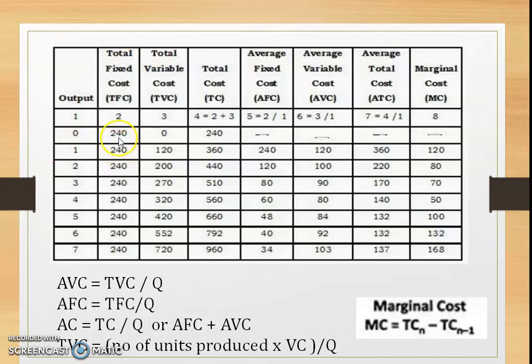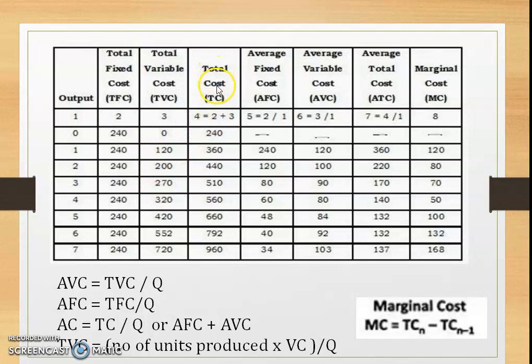So I have considered 240 for all the outputs from 0 to 7, and the total variable cost varies based on the number of output. So I have considered some costs here.